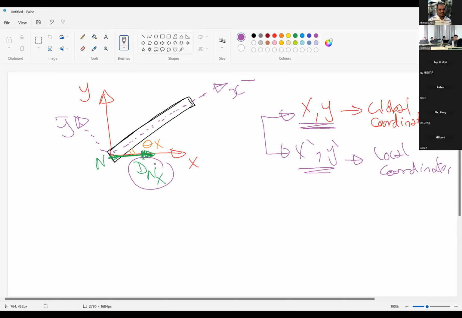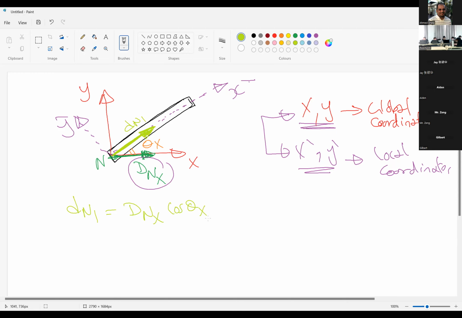So if you want to analyze the component in the member direction, this component, I will call it dn1. Can you find dn1 for me? dn1 will be dnx cosine theta x.